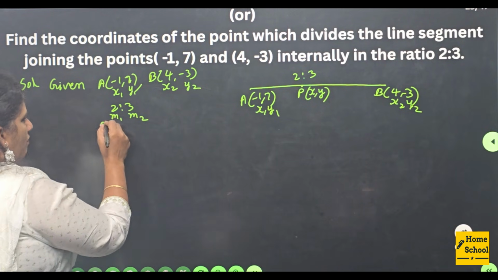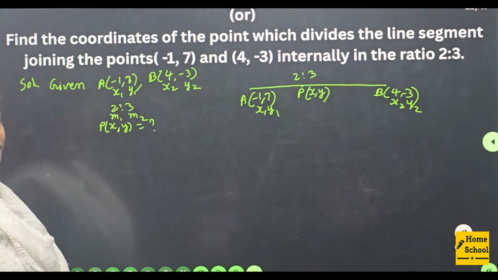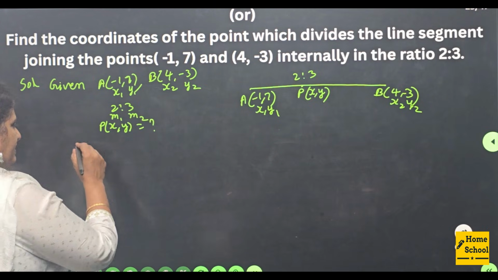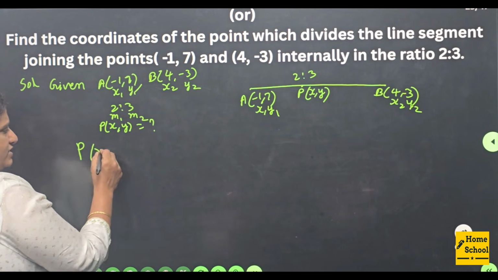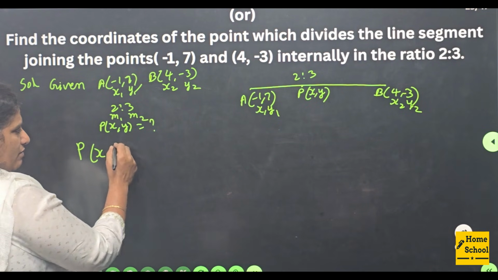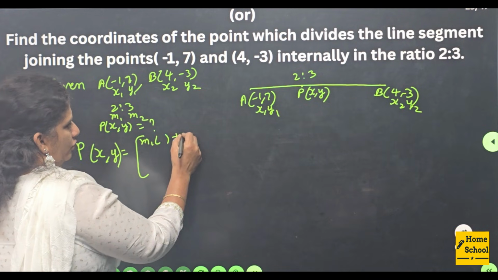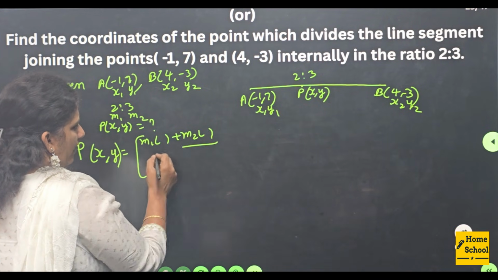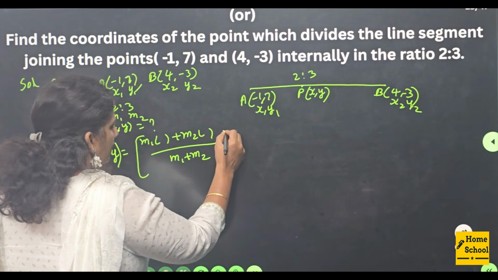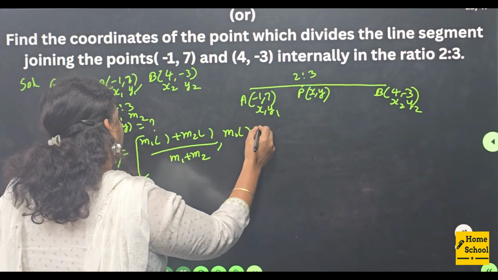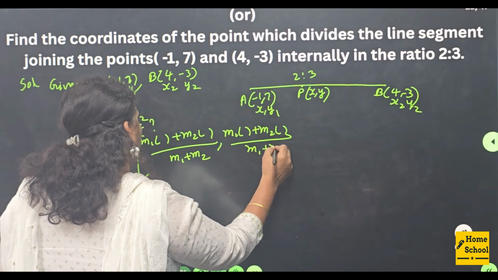What is the point of division? P(x, y) is equal to question mark. By using the section formula, what is that section formula? P(x, y) is equal to (m1 x2 plus m2 x1) by (m1 plus m2) comma (m1 y2 plus m2 y1) by (m1 plus m2).